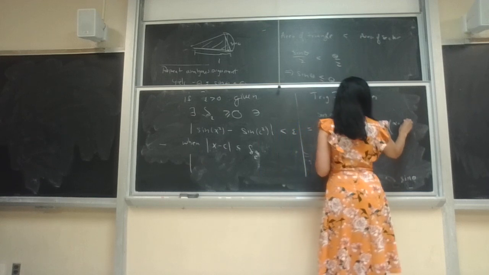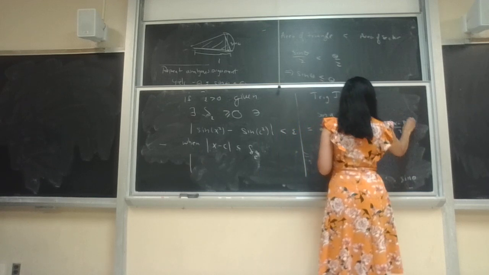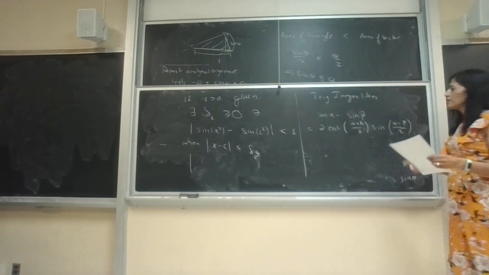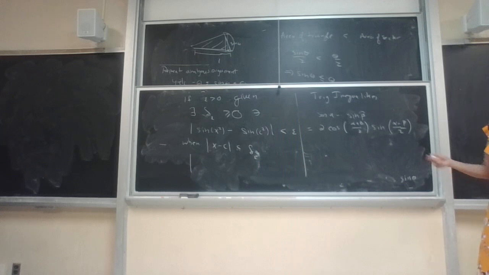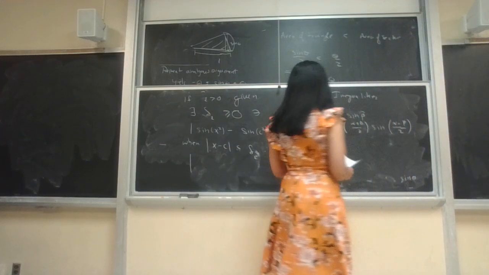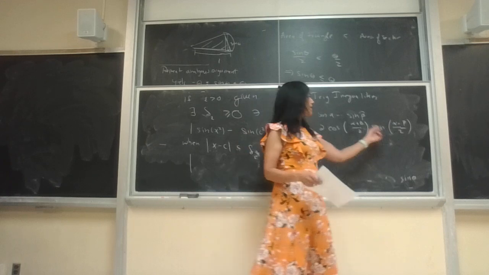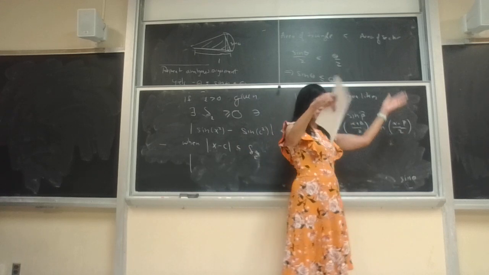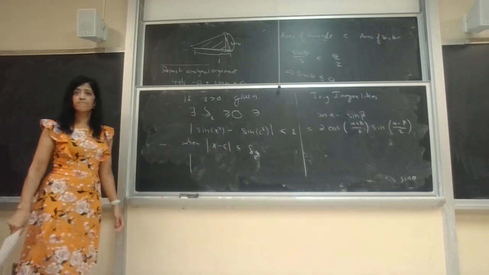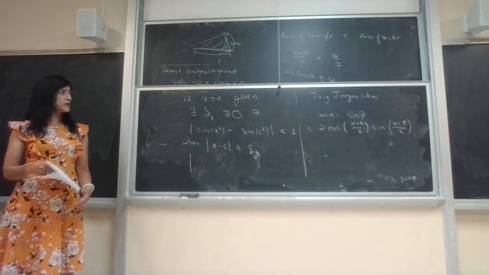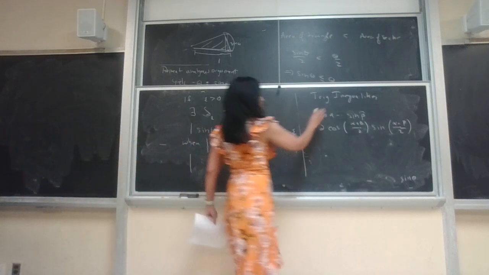I just looked up one. I just went on Google and said, how do I get sine of an angle minus sine of another angle? Look for a trig identity that does that. And this is the trig identity that does that. So I combine the arguments, and now I've got the arguments inside one sine together. That's what I wanted. Not inequalities, but trig identities.